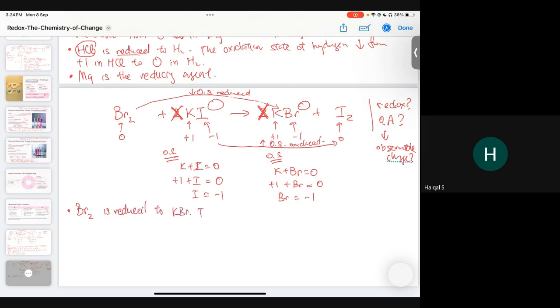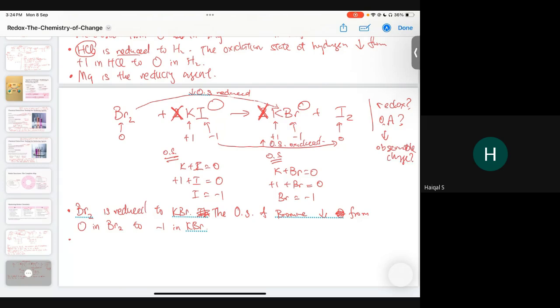I'm going to write short form now. The oxidation state of Br or bromine decrease from 0 in Br2 to -1 in KBr. So that's the first sentence to talk about what is reduced.